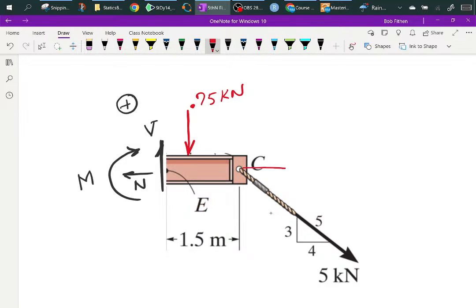And actually, you can break this down, since that's 5 and that's 5, and this becomes 4 kilonewtons. And since that's 5 and that's 3, this becomes 3 kilonewtons. You know, the 3, 4, 5 thing.